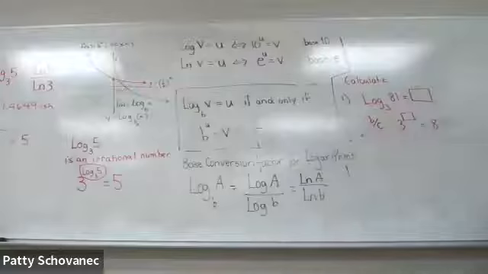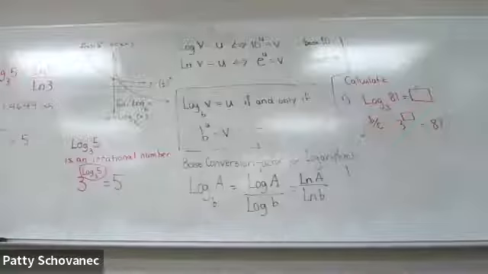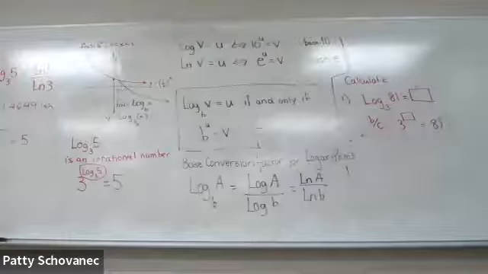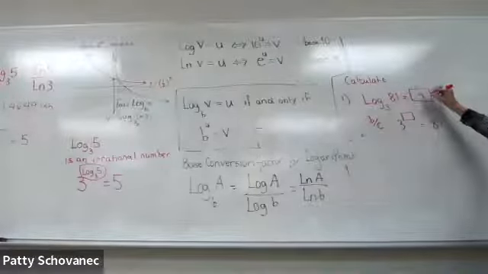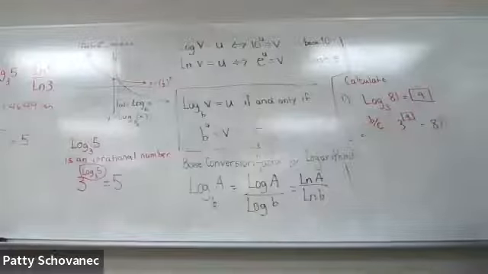So start computing powers of 3 until you find what power it should be. 3 to the 0 is 1, 3 to the 1 is 3, 3 squared is 9. Should be to the 4th, right? 3 to the 4th is the same as 9 times 9. So the log base 3 of 81 is 4, because 3 to the 4th is 81.